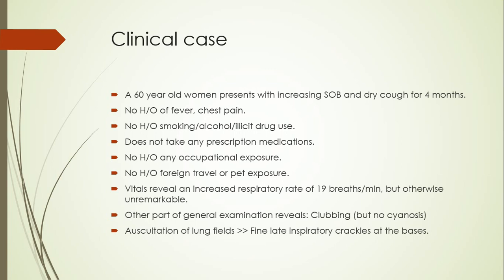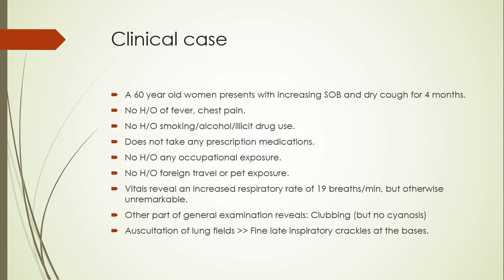As dry cough is a symptom which occurs due to irritation of the nerve plexuses in and around the alveoli, it seems like she might have a disease in the alveoli or around the alveoli. She doesn't have any history of fever or chest pain. This suggests that this might not be an infectious disease, so it's unlikely to be a pneumonia.